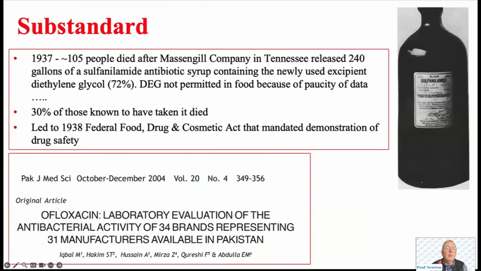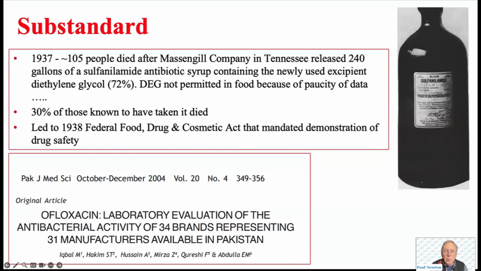There are also multiple examples of substandard antimicrobials. One of the key early ones was the disaster in the United States when a company in Tennessee used diethylene glycol to make a sulfonamide antibiotic syrup.